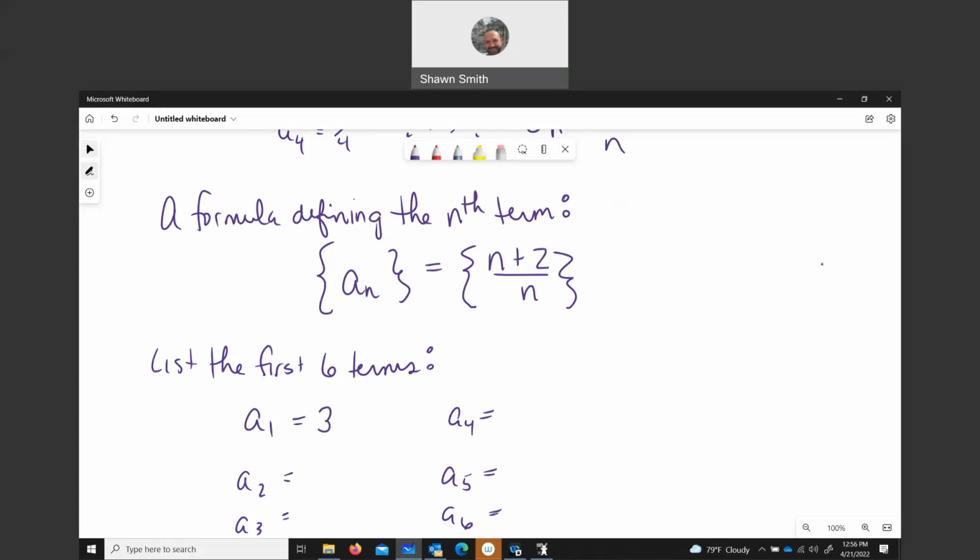Put in 2, 2 plus 2 is 4, divided by 2, 2. 3 plus 2, 5, divided by 3, 5/3. Oh, we got a fraction, that's a difficult number. 4 plus 2, 6, divided by 4, 6/4, which is 3/2. Then 7/5, and then 6 plus 2 is 8 divided by 6, 4/3. Very simple.